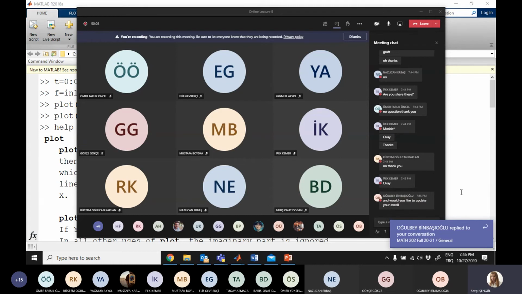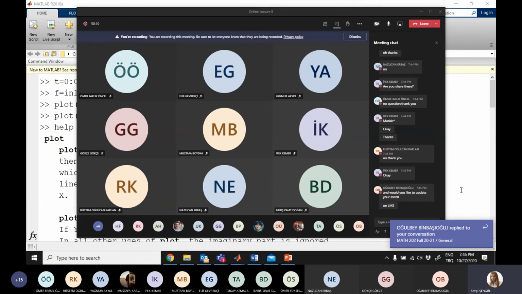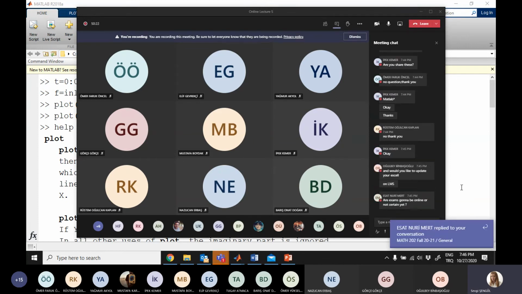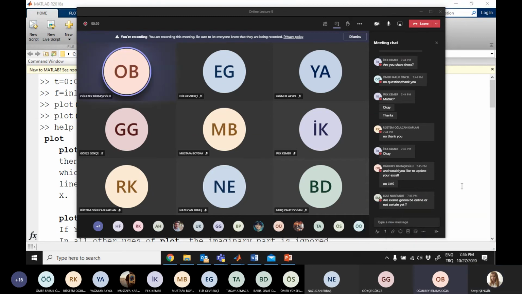Would you like to update your Excel on LMS? Teacher, we had some mistakes on the Excel, like C1 plus C2 equals 1, but it must be 2, for example.